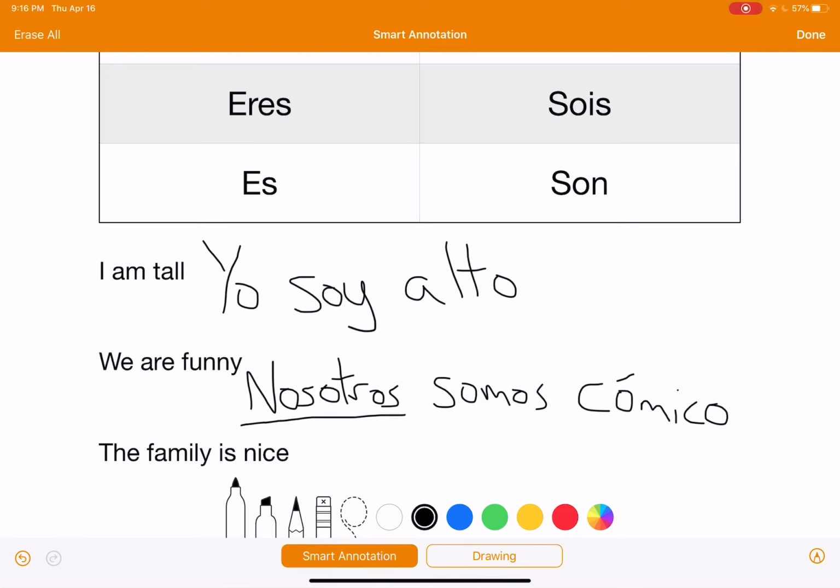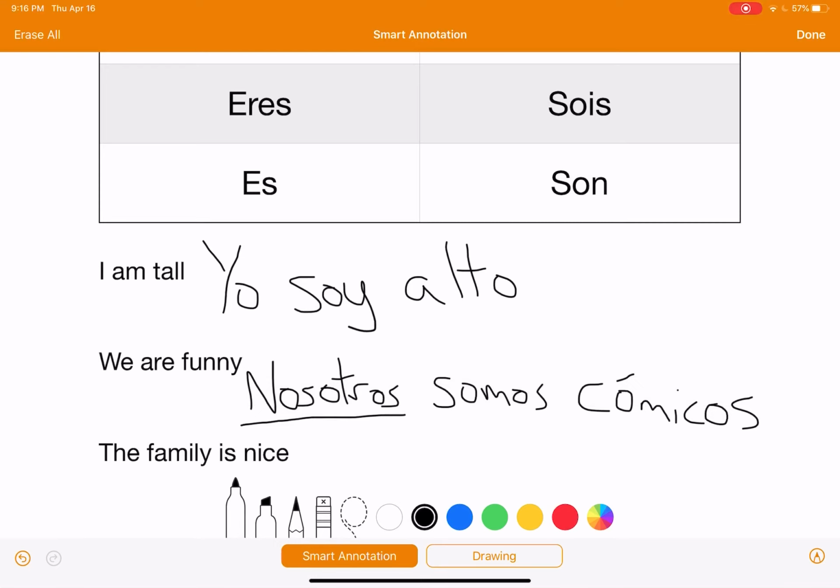It doesn't, because we is talking about multiple people, not just one person. Okay, so what do we have to do here with cómico? Well, we have to make it plural. Okay, because nosotros is masculine, we're just going to keep that O there and we're just going to add the letter S. Nosotros somos cómicos.